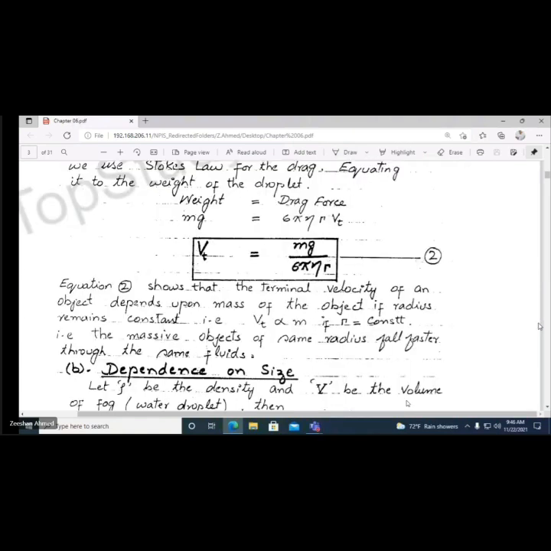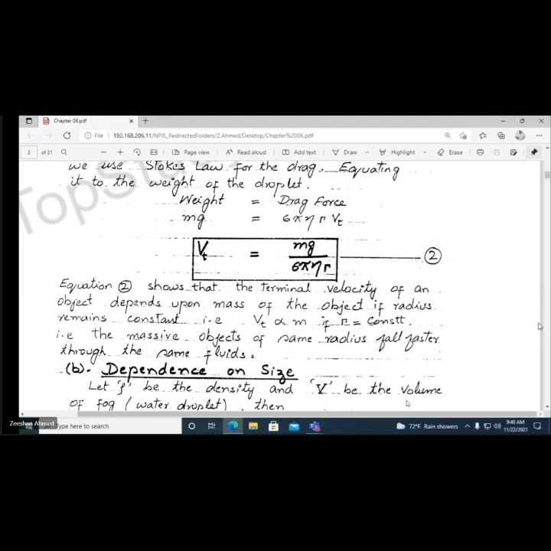At terminal velocity, when the water droplet gets terminal velocity, the weight of the droplet becomes equal to the drag force. Is it? So what is weight? We know that mg equals 6 pi eta r v. So what is the name of the topic?